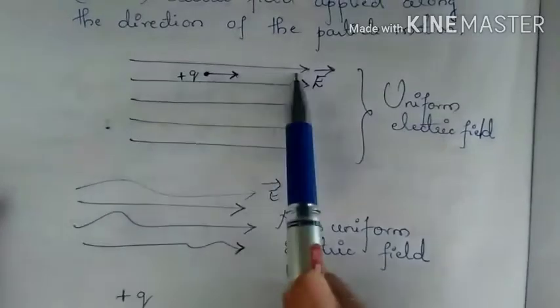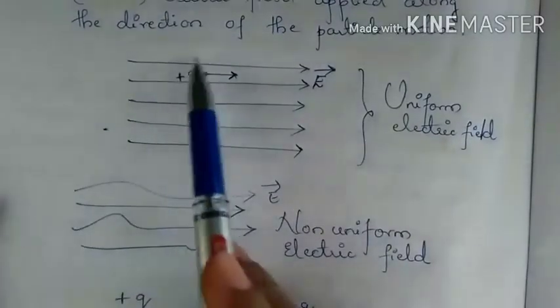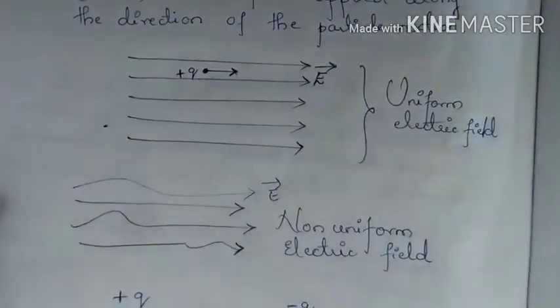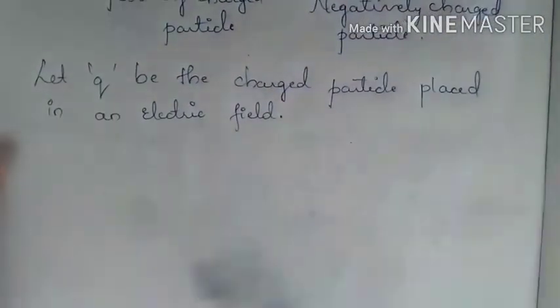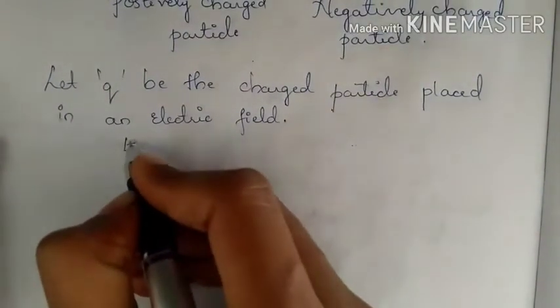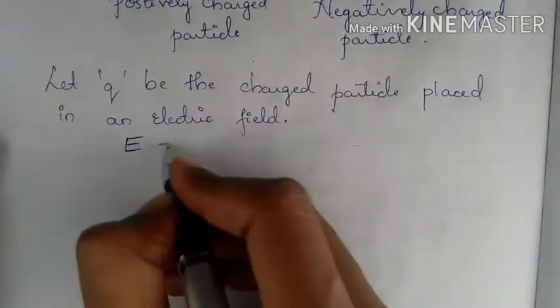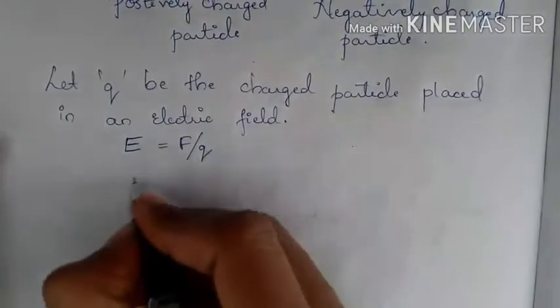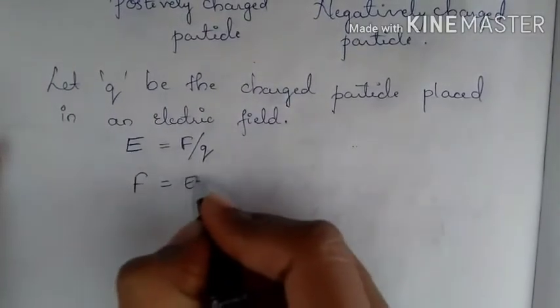So the force will also be in this direction. Now let us calculate what this force is. The electric field can be written as E equals F by Q. So F will be what? F equals EQ.